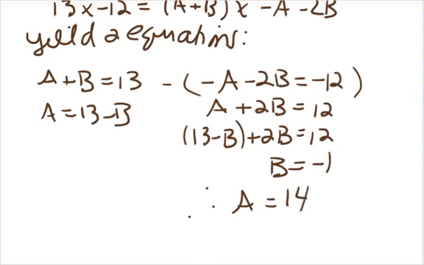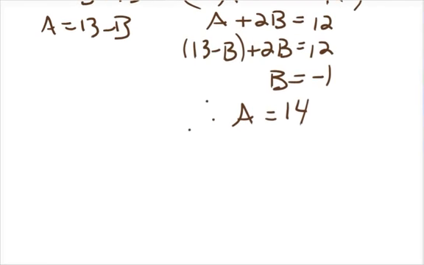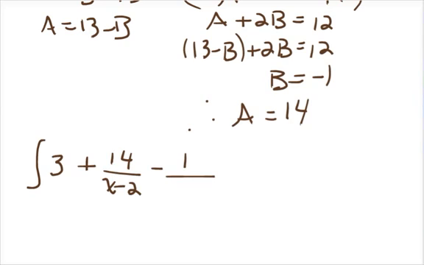So let's put that all together in an integral now. Here's the simple polynomial piece, and the partial fractions is 14 over x minus 2 minus 1 over x minus 1 dx.